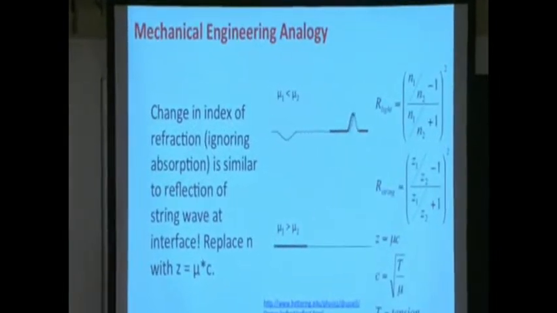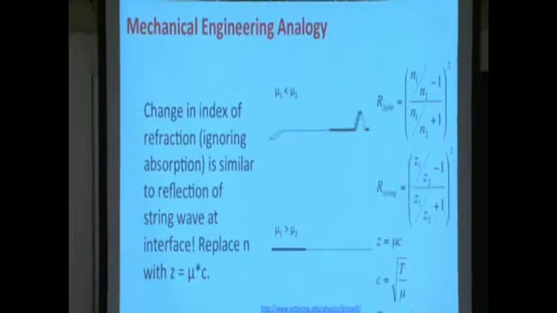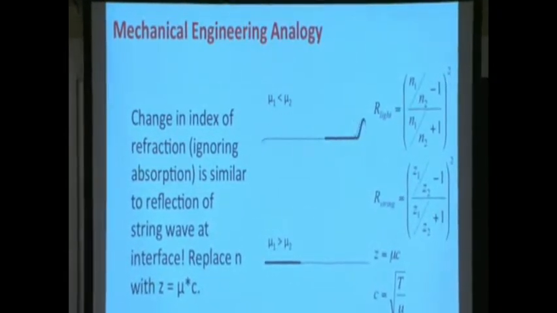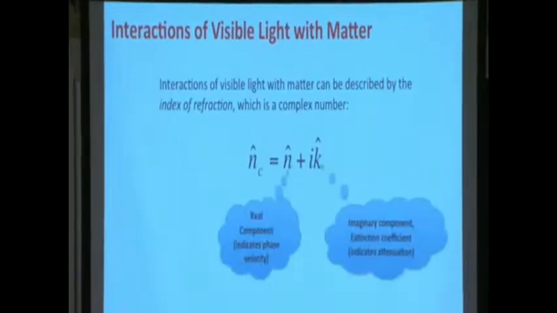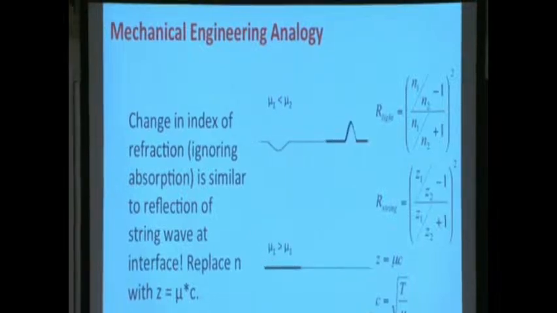And in reality, those n's have a very similar meaning, the n and the z. The n in the case of light, which is the real component of the refractive index, mind you, this parameter right here, indicates phase velocity in a material. It could also be thought of, very loosely, as the ability of an electromagnetic wave coming into a material to slosh those electrons around.